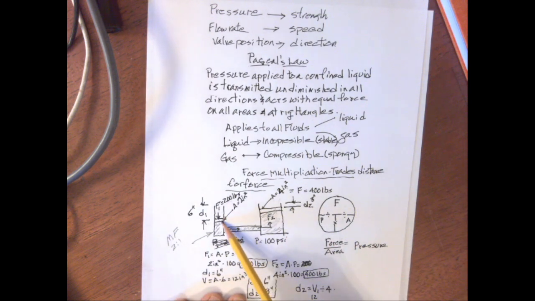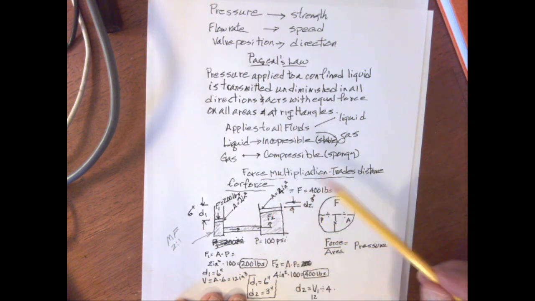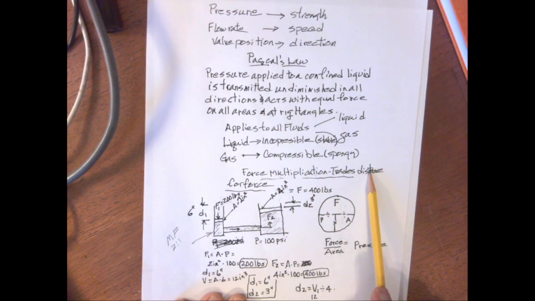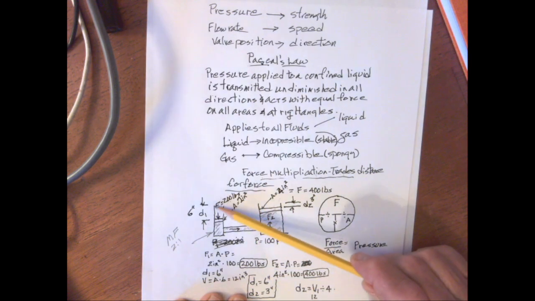This would be something like what's happening in the beginning, the in flow. And this is like what's happening out there at the cylinder on the excavating arm, or whatever the actuator is. The force multiplication trades distance for force. Okay, look over here.